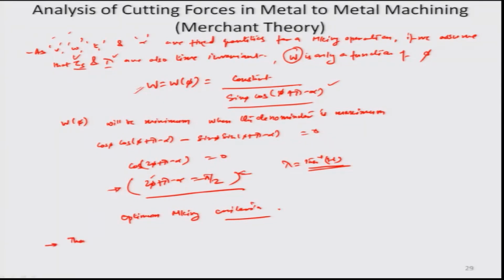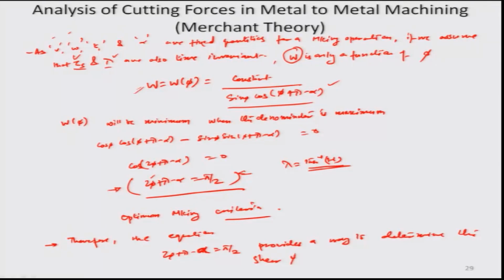Therefore, the equation 2 phi plus lambda minus alpha equals pi by 2 provides a way to determine the shear angle corresponding to a certain value of alpha and friction angle lambda.